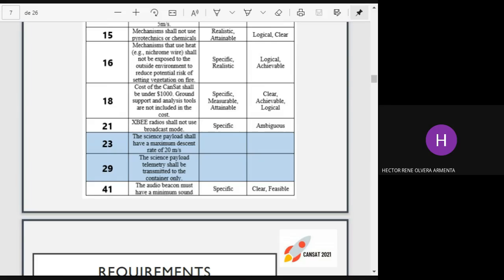Why is this? Because we are trying to develop a specific structure that is cheap, but can accomplish the specific requirements and bring that to the competition.